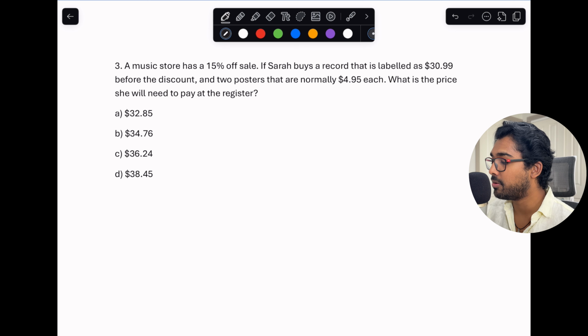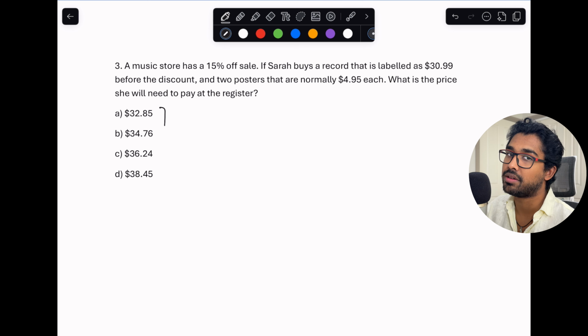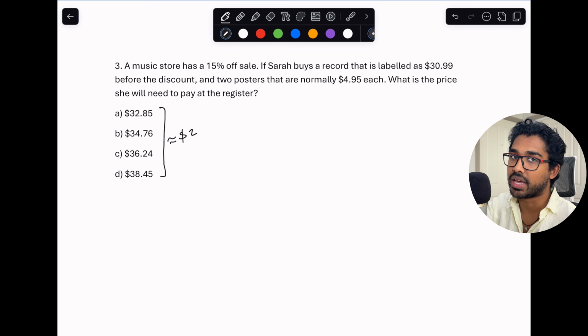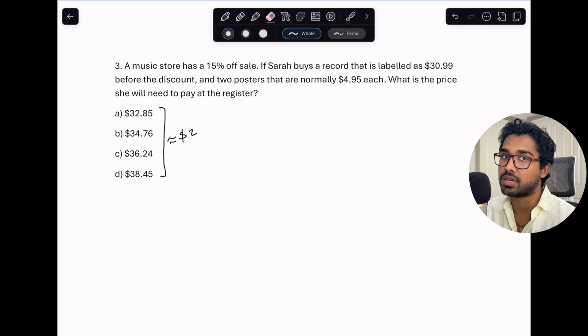So once I recognize that, I'm going to look at the answers that I have, and see how far away each one of these values are. I can see they're roughly $2 away from each other. So I know that if I change my numbers by a couple of cents, I'm probably not going to have a significant variation that'll give me a completely different answer.